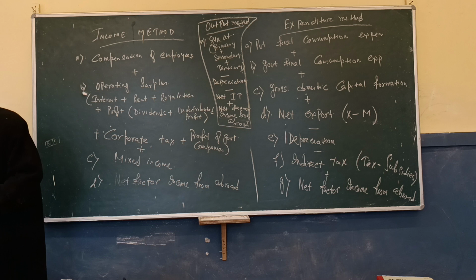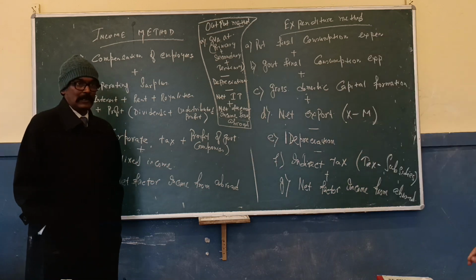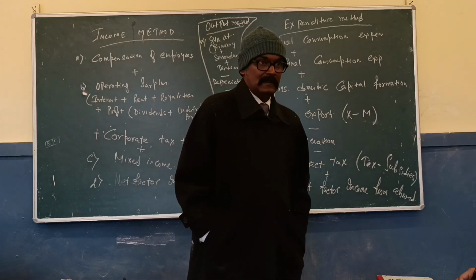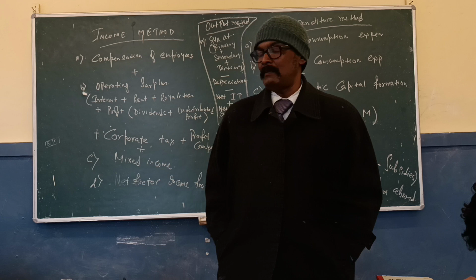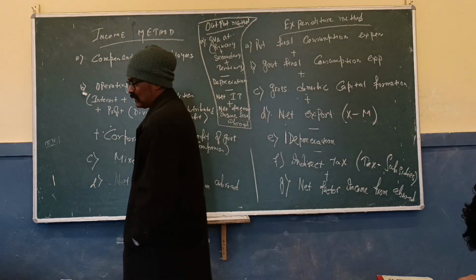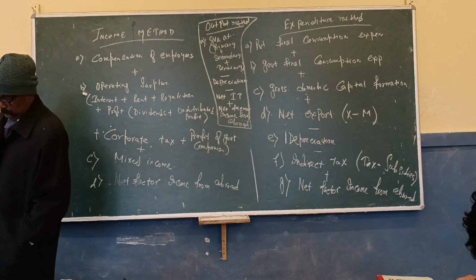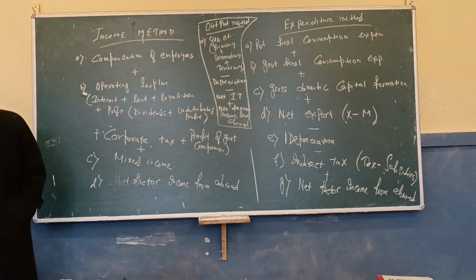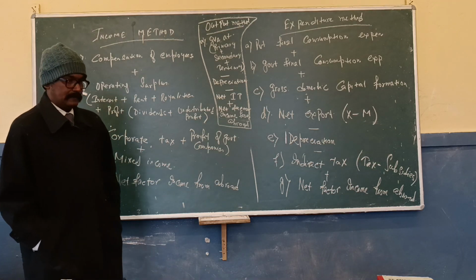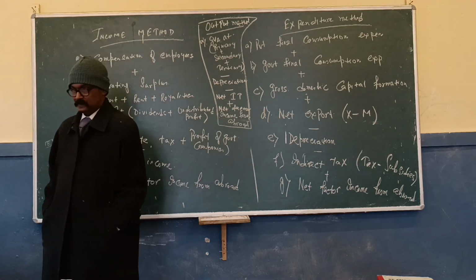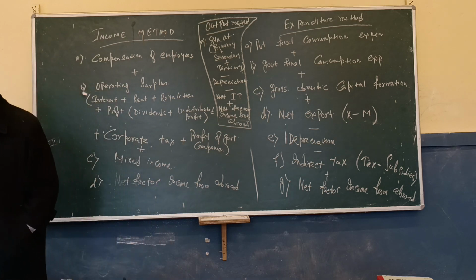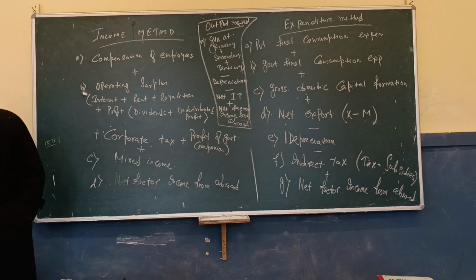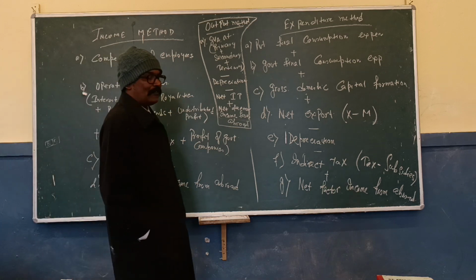Okay, let us start the next one. Find out the national income and the gross value added at market price from the given data. Number one, value of output.